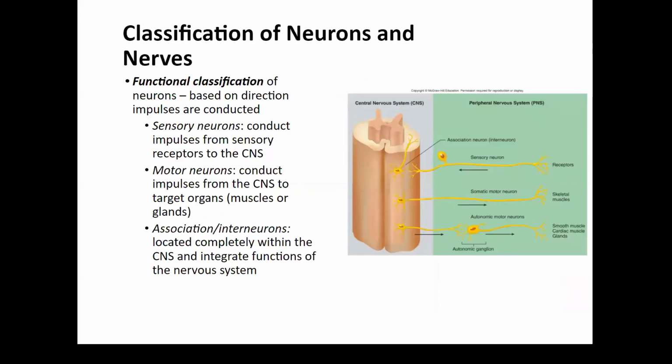We looked at that a little bit in physiology lab for those of you who have had the newest physiology lab. So we have our sensory neurons conducting information from the body to the central nervous system. We have our motor neurons conducting information about how we're going to react from the central nervous system to the target organs. And we have association and interneurons.